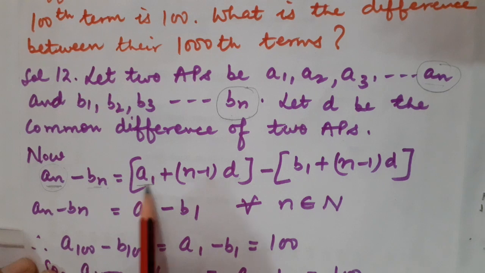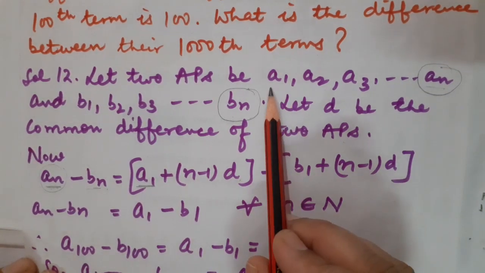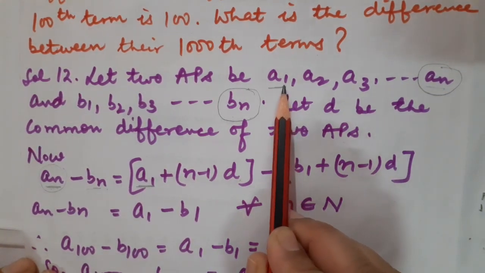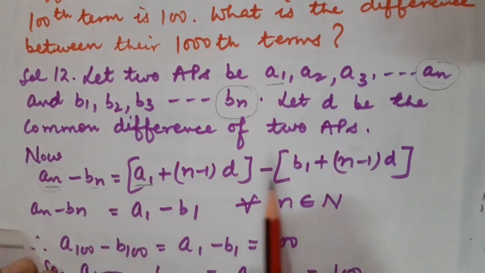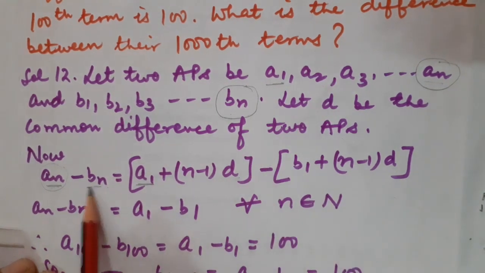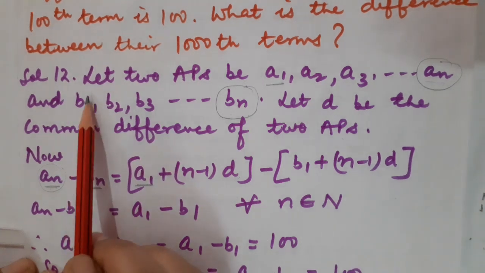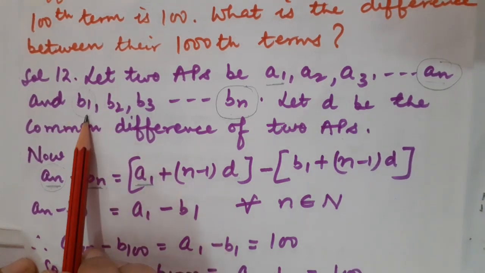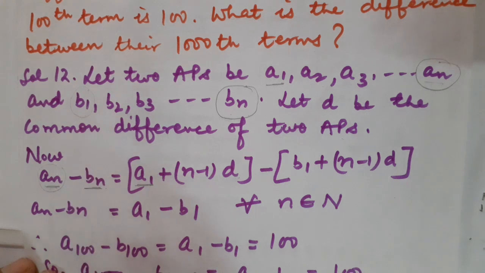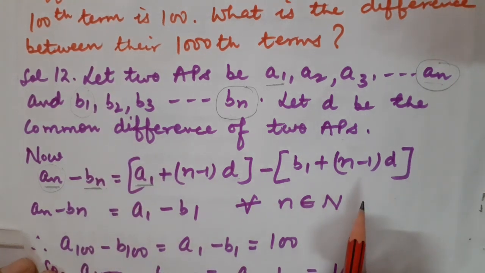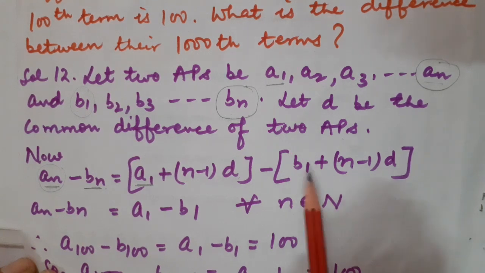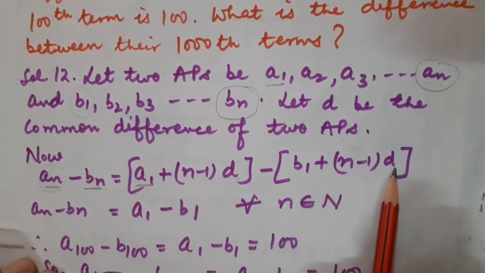But here instead of A, I have written A1 as A1 is the very first term of first AP. Correct? So this is minus sign. Now let us talk about the nth term of second AP whose first term is B1 and of course the common difference is D, as it is given in the question that the common difference of both the APs is same. So this will be B1 plus N minus 1 into D, of course.